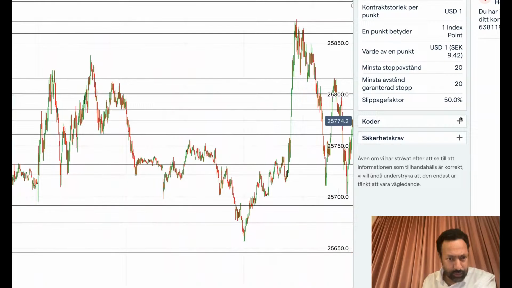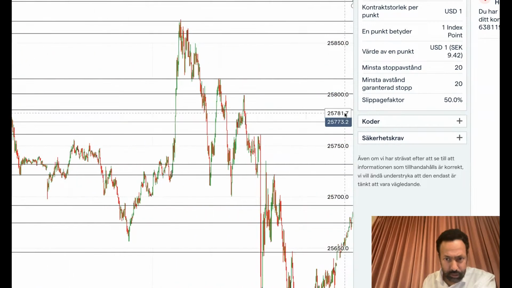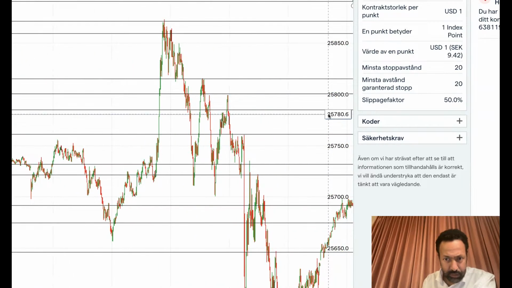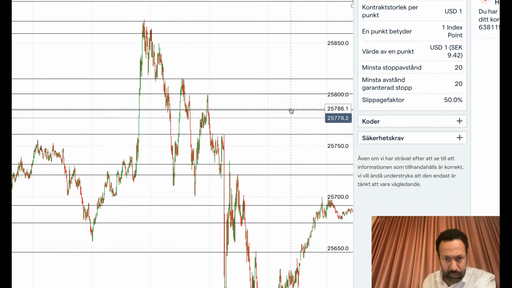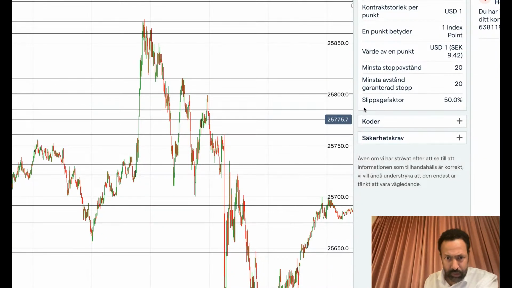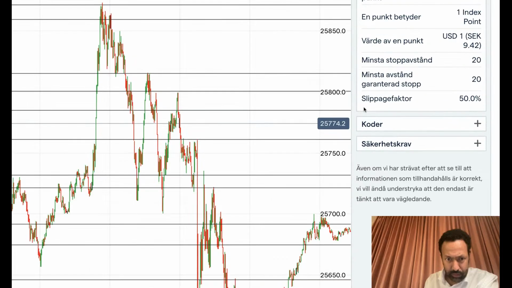So there's one resistance area there. Now I can't see nothing, but I can see prices moving up. I can see price coming down again.